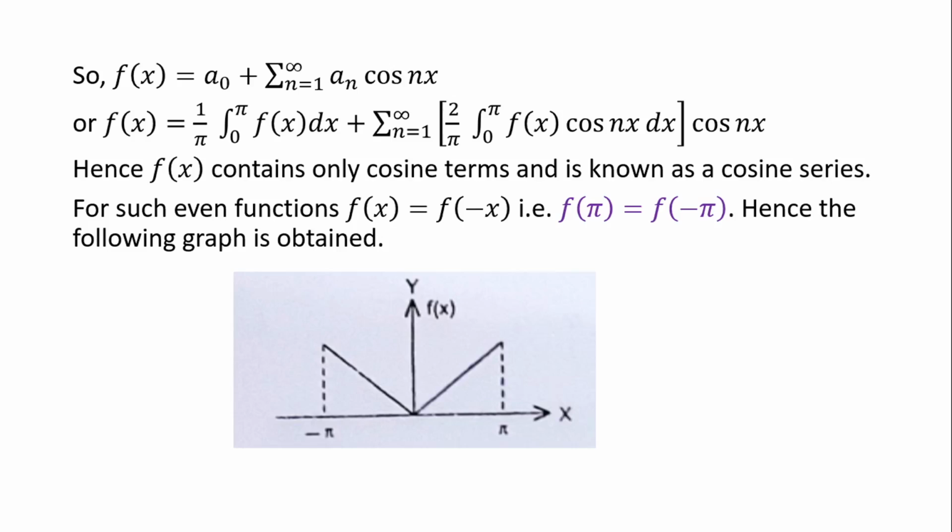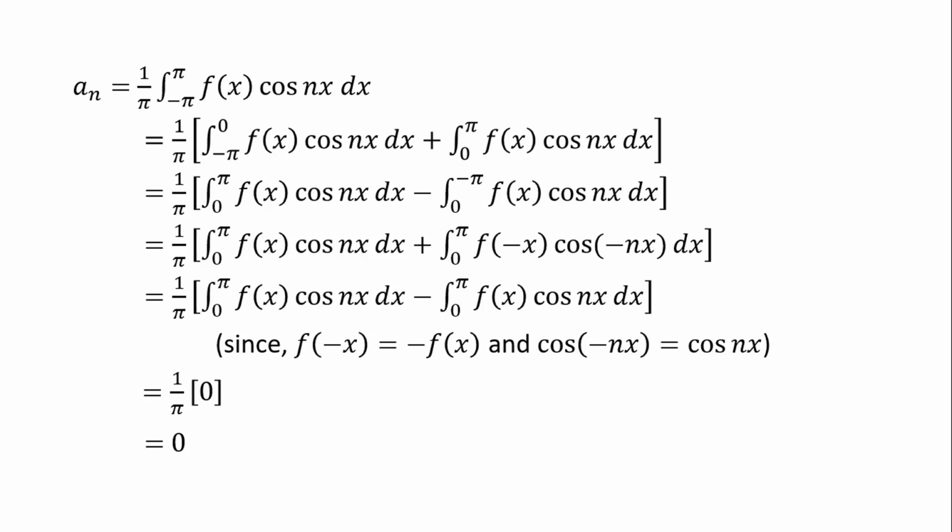Minus pi to 0 is changed to integration 0 to minus pi by putting a negative sign as the second term in the third step. And then x is changed to minus x for f(x) and cos nx. And the upper limit is changed from minus pi to plus pi for the second term in the fourth step, so that the second integral becomes positive.